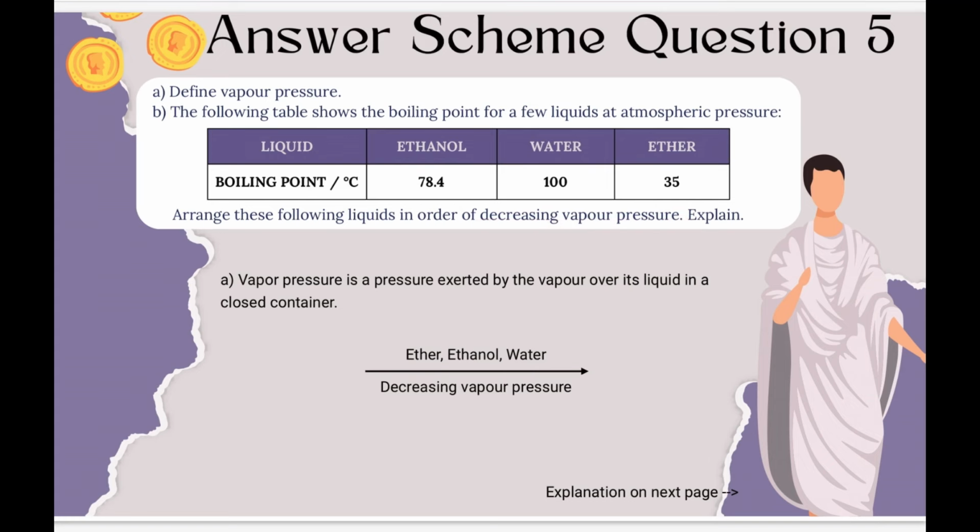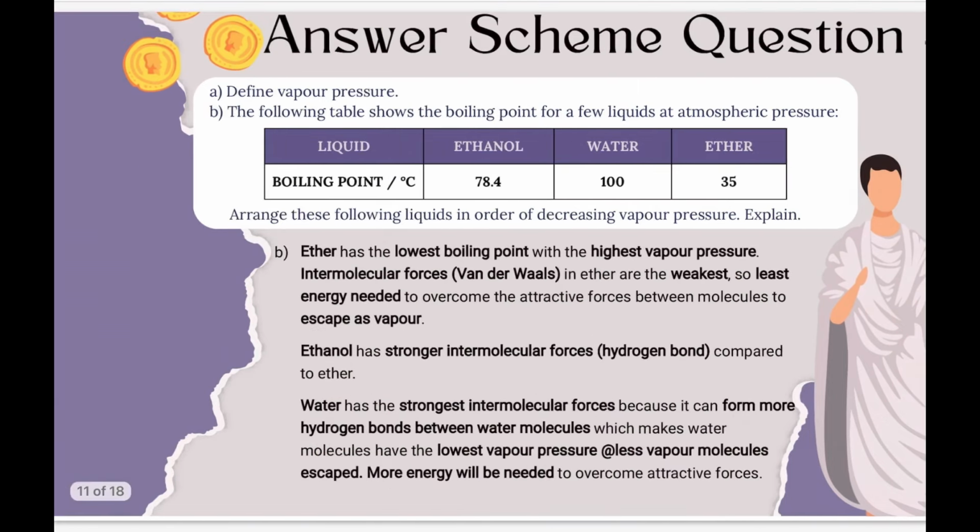So kalau ikutkan, yang paling tinggi vapor pressure adalah yang paling rendah boiling point, which is ether, and then followed by ethanol. So yang paling rendah vapor pressure adalah water. Why is that? So explanation dia, sebab ether ada lowest boiling point, okay, highest vapor pressure. Okay, sebab apa? Bila dia ada lowest boiling point, maksudnya dia ada less energy required to overcome the attractive force.